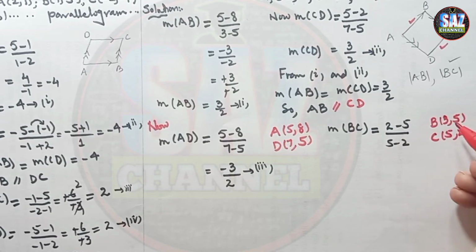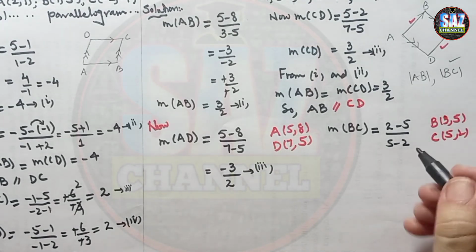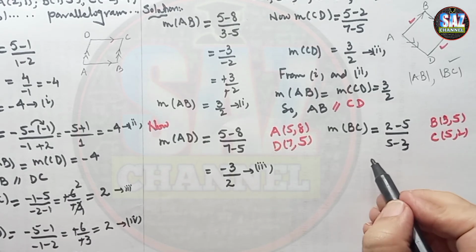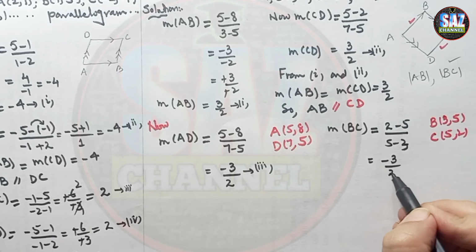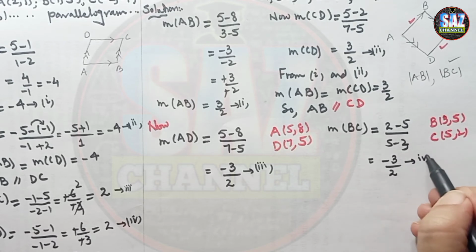Y2 minus y1 is 2 minus 5, upon x2 minus x1, 5 minus 3. Then 2 minus 5 is minus 3 upon 2. Okay, and let's mark it with 4.